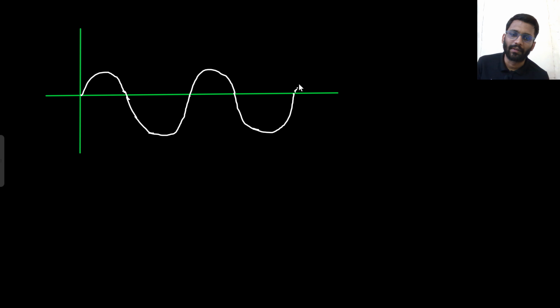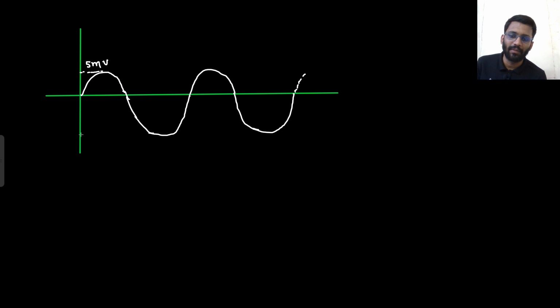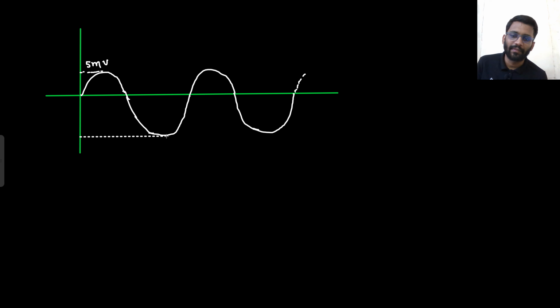It will keep on going, right? So this is your V in minus 5 millivolt. This point will be 5 millivolt, and the downward point will be minus 15 millivolt, and this is 5 millivolt.